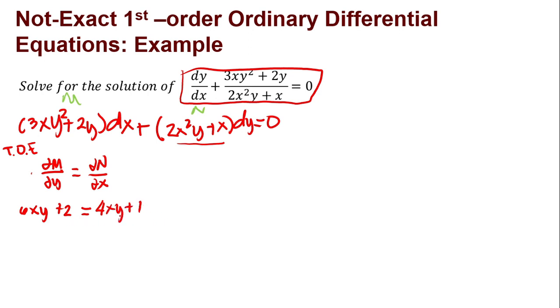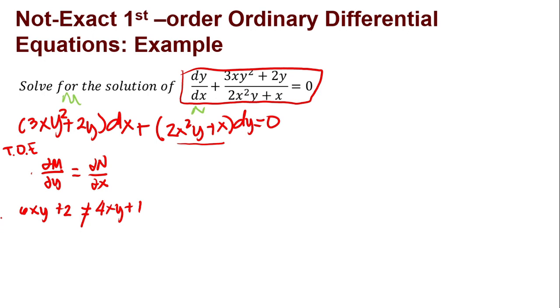The left and right hand sides are not equal, so it is a not exact differential equation. We have to find the unknown function, the integrating factor I, to transform it to an exact differential equation.